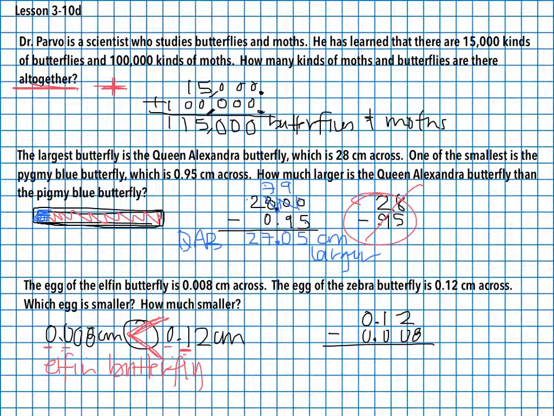And the first thing we figure out, we got to fill this with a 0. Now we're ready to subtract. Can't do, so go to my neighbor. Go to my 0, minus 8, I can't do. Go to my neighbor. 2 becomes 1, and then this becomes 10. 10 less 8 is 2. 1 less 0 is 1. 1 less 0 is 1. Let's bring my decimal point right away. 0, 0. So it is 112 thousandths of a centimeter smaller.